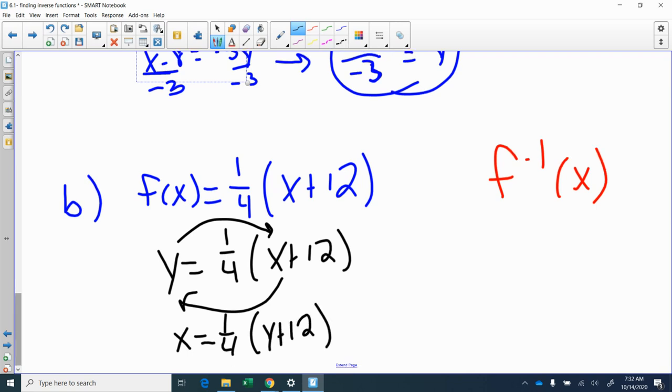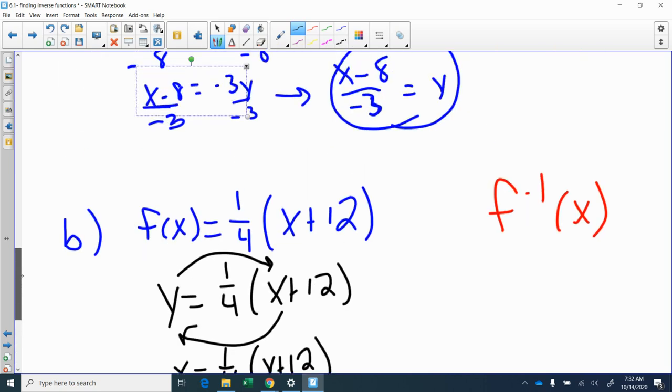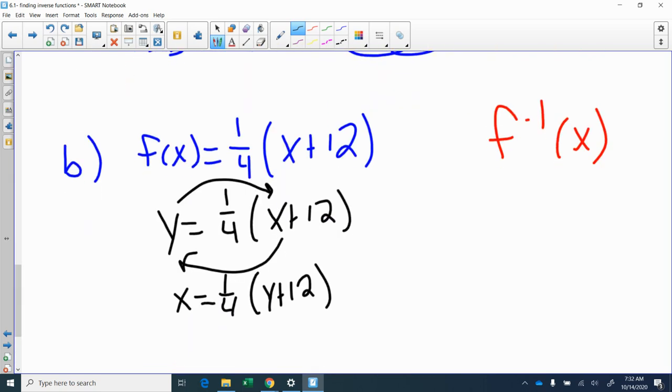And now we're good to actually start working. When I look at this portion here, the first thing I have to do is get rid of this 1/4. And the easiest way to do this is to multiply by the bottom number on both sides. So I'm going to multiply this side by 4 and this side by 4, because 4 times 1/4 would cancel out and become 1.